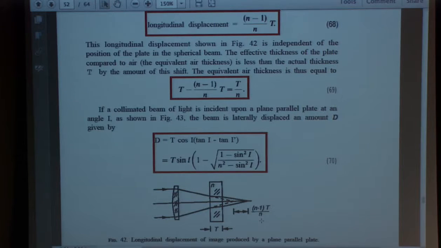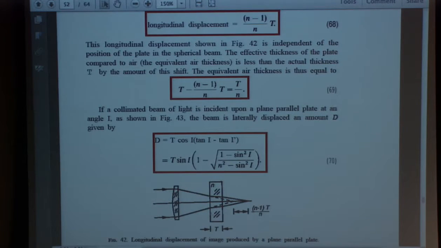So if you're building an optical system, and I've seen this so many times, even by people who knew better. I mean, you're laying out an optical system, and where's my image going to be? You put in this window, and the image is not where you thought it was, shifted here.